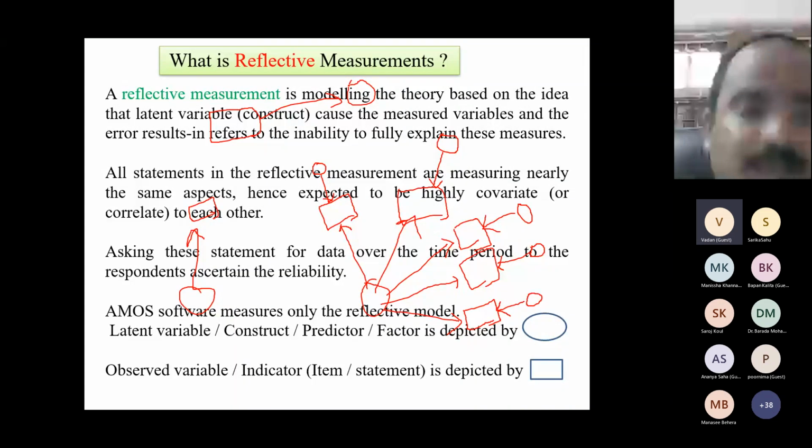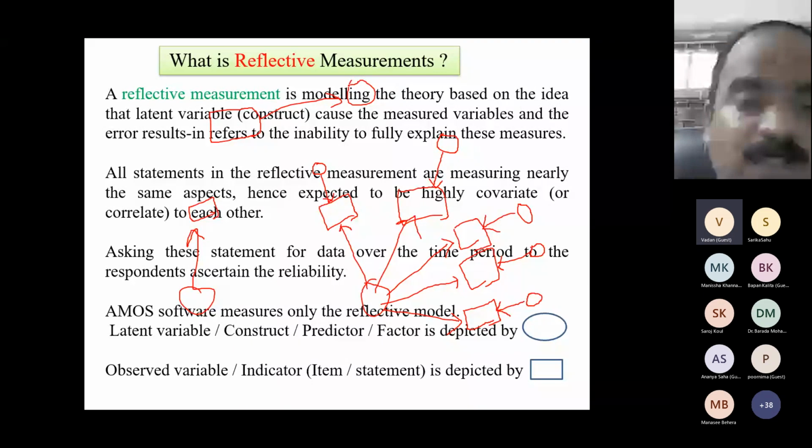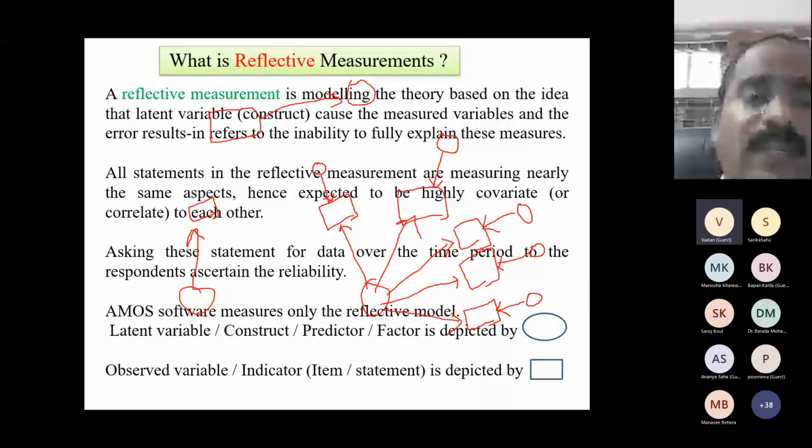Suppose attitude towards classroom, attitude towards the virtual class, attitude towards the teacher, attitude towards the university are causing the student satisfaction. That means it is formative in nature. If you are judging this and doing everything in the AMOS, then two things are contradictory to each other.